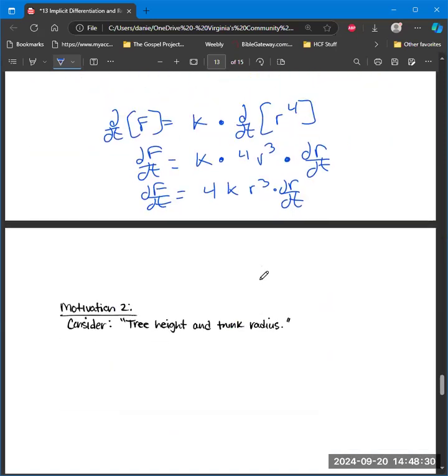So can we measure f, r, df dt, and or dr dt in real life? Yes, we can. So all of those things, we could get 3 of the 4 things and find the fourth if we knew this constant k.